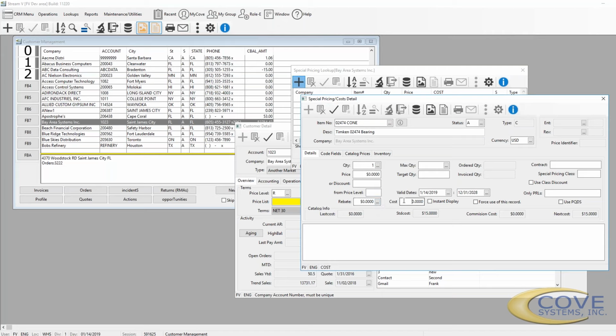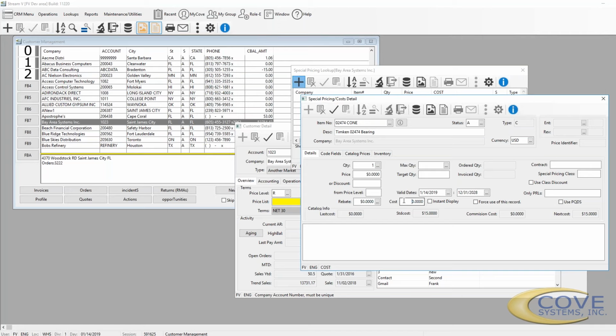Cost. This allows you to set a specific cost for this item when you're selling it, usually under a contract. It's similar to rebate, but you can have a situation where ViewSonic sells monitors to ICG, who then sells them to Dell.